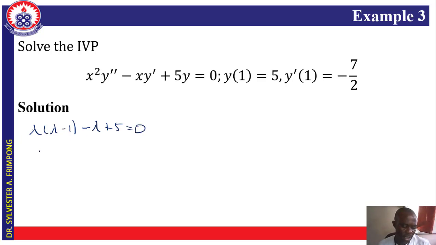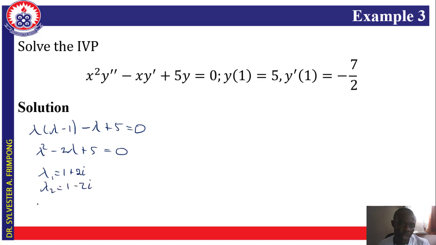If you simplify this, you get lambda squared minus 2 lambda plus 5 equal to 0. If you solve this, you're going to get lambda 1 equal to 1 plus 2i, and lambda 2 equals 1 minus 2i.